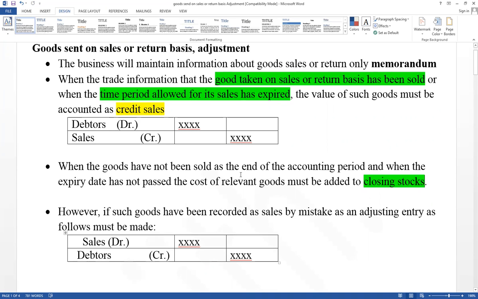This is a very important adjustment, and whether it is given for a sole proprietorship or any organization, it should be done, because it affects debtors, sales, as well as inventory. Now see the example.